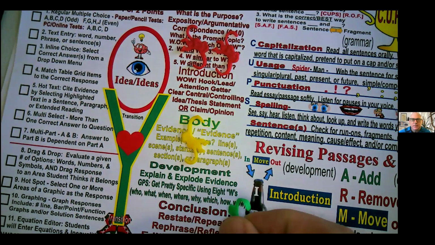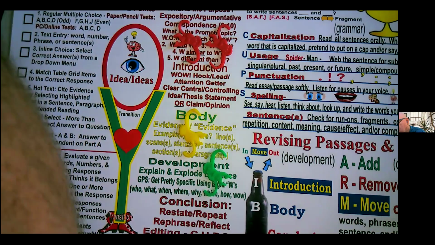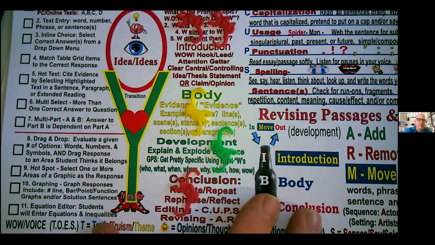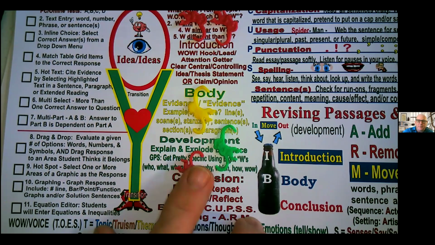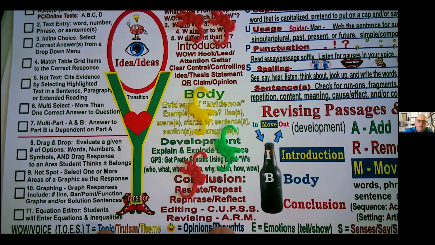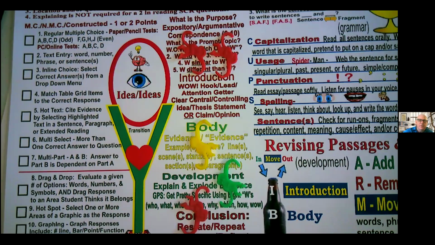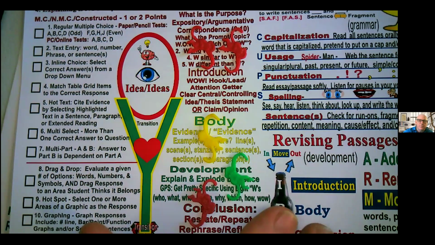I only explained it with one sentence. And I had one sentence to end the essay. And then hopefully the editing that we can do with capitalization, usage, punctuation, spelling, or sentence boundaries such as run-ons and fragments, or when we add, remove, replace, or move something, changing the content around, hopefully we'll have the basic structure to get at least a 1 or a 2.